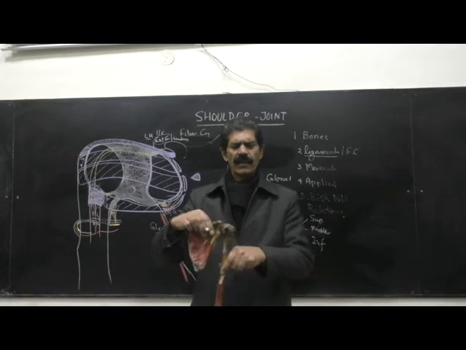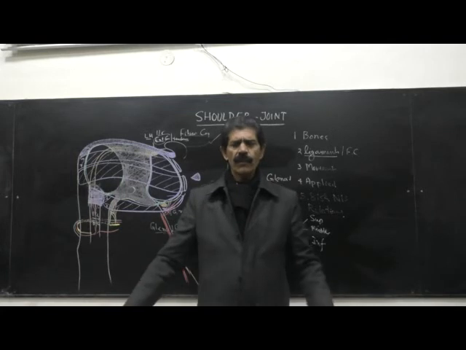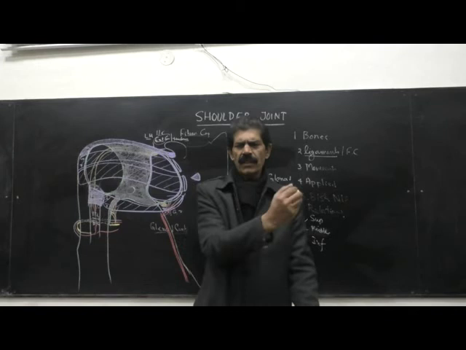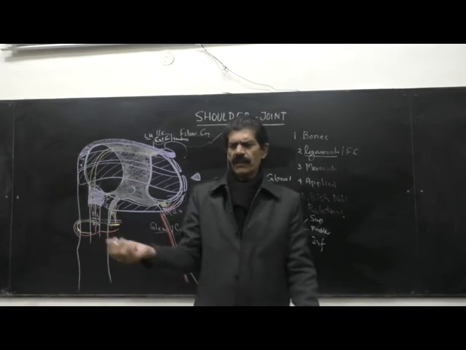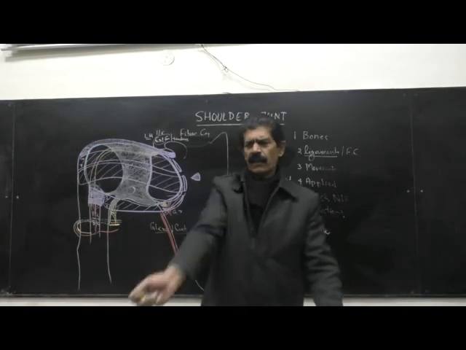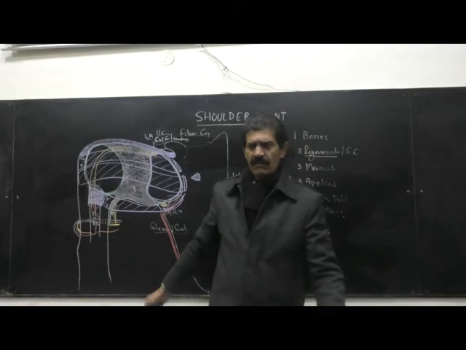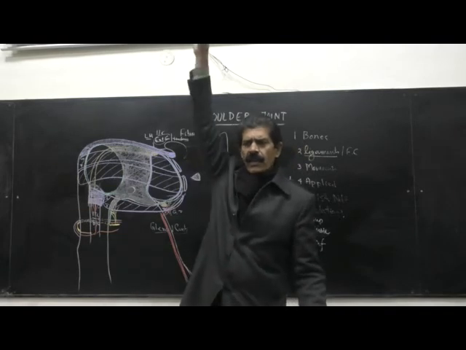When we move like this, it is the circumduction. So these are the various movements: flexion, extension, adduction, abduction, medial rotation, lateral rotation, and circumduction, like cricket bowling. And this is the abduction from 0 degrees to 180 degrees.